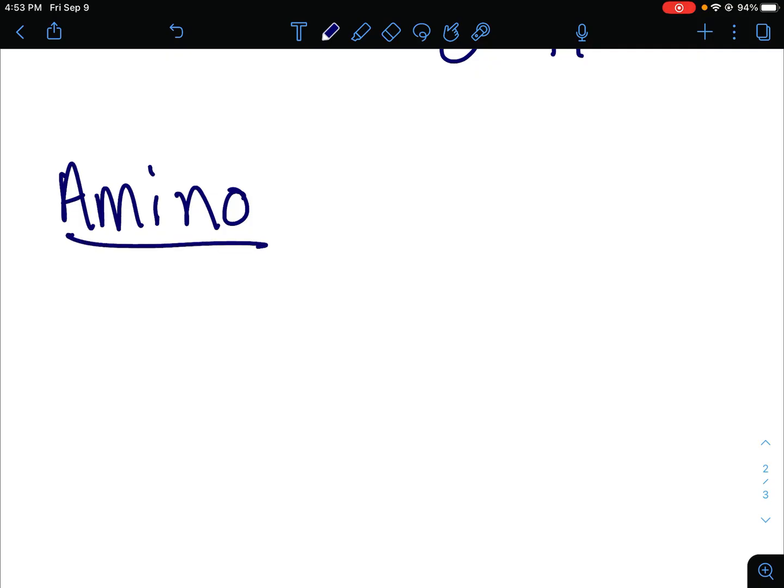The last functional group is the amino group. This is going to be only found really in your amino acids, which, reminder, make up proteins.